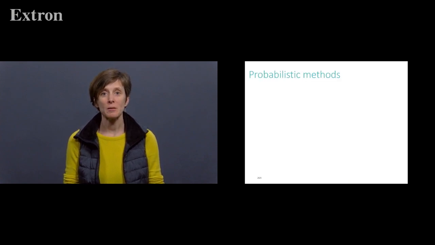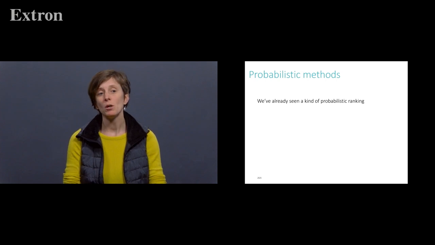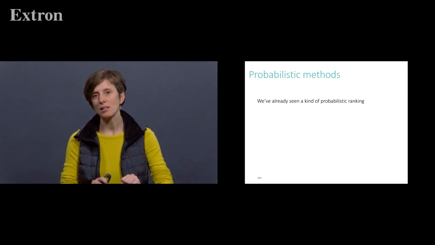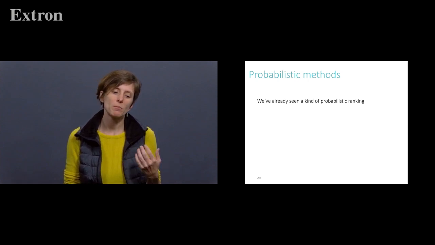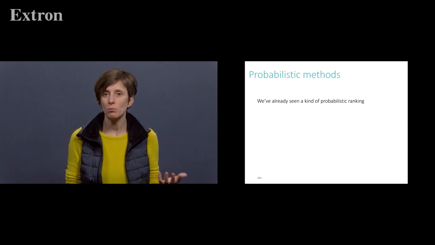So, probabilistic methods. Before I go on, let's just recap what we've already seen with probability. We've already seen a kind of probabilistic ranking, right? Probability is what is most likely to be this thing. We make some prediction based on a probability.